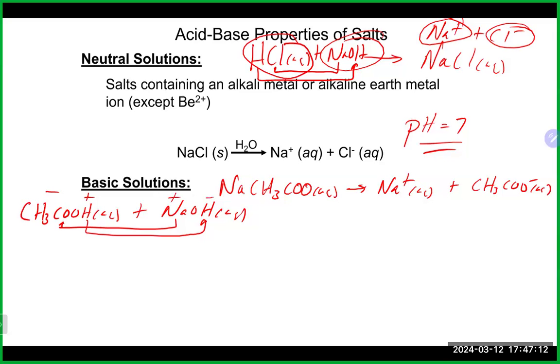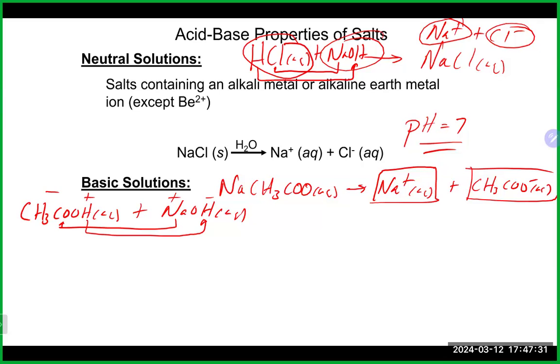And when we look at the two components of this salt, because it's a strong electrolyte, it's going to basically be floating around in that solution. And it's going to be floating around that solution with water as probably a result of the acetic acid and the sodium hydroxide reacting.